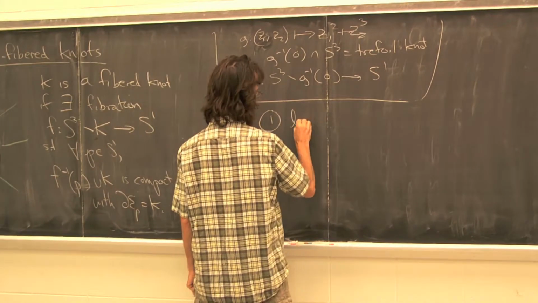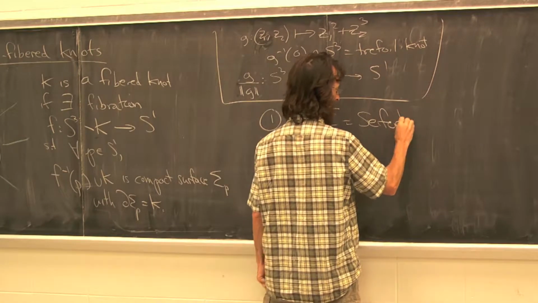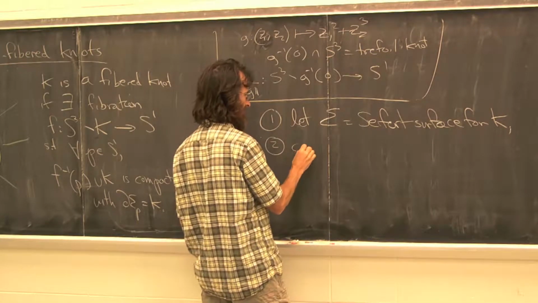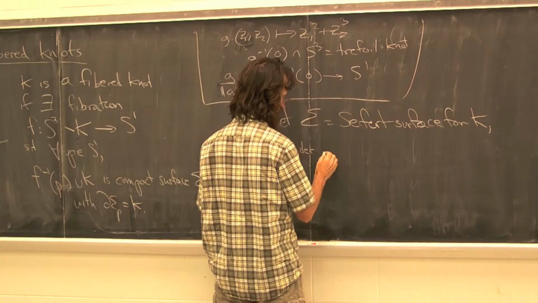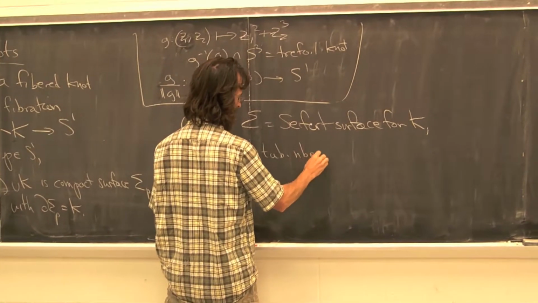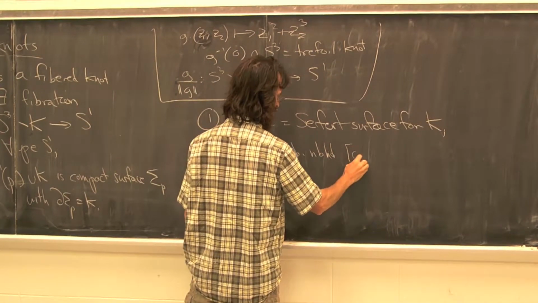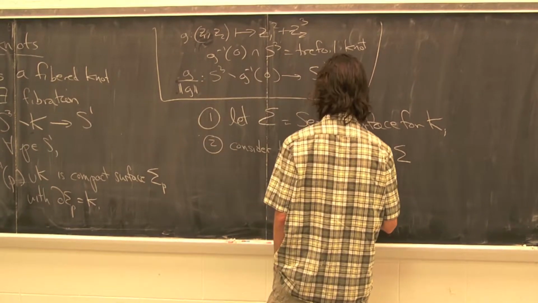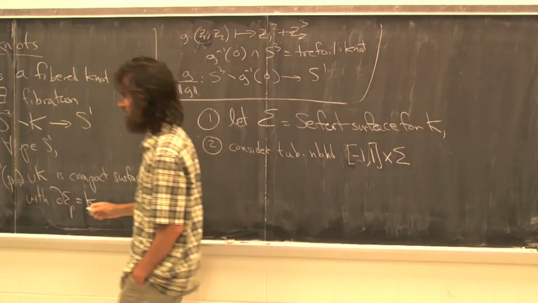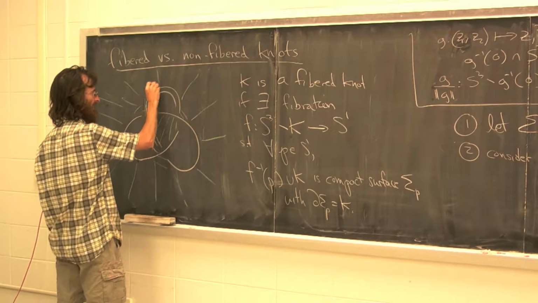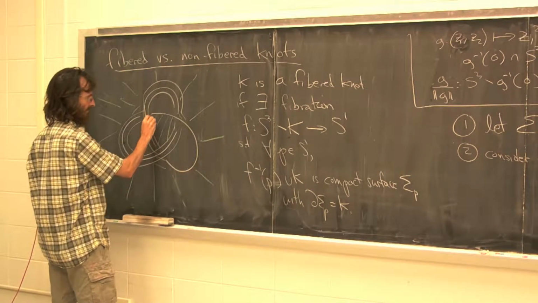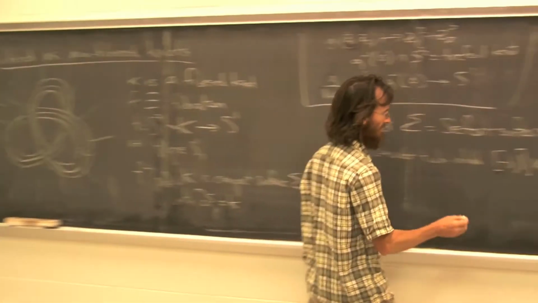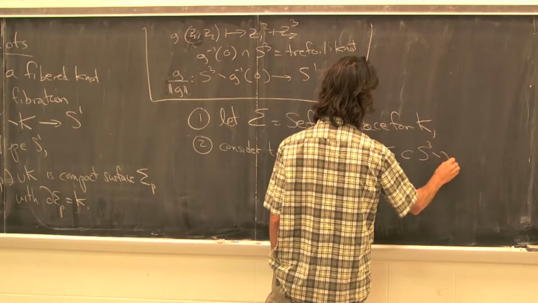Step 1, sigma, the Seifert surface. Then step 2, consider the two neighborhood. We're going to work everything in the neighborhood of K, and I'm going to think of the Seifert surface as being outside that neighborhood, so this would be contained in S3 minus the neighborhood of K.